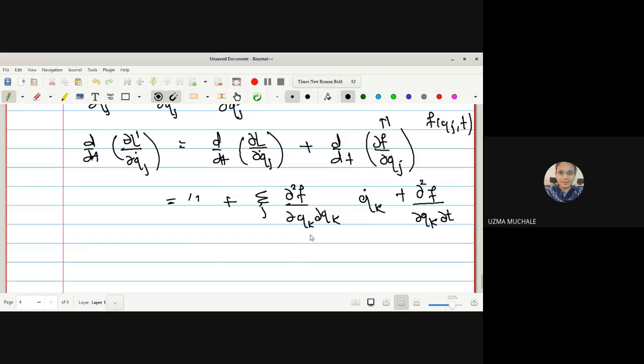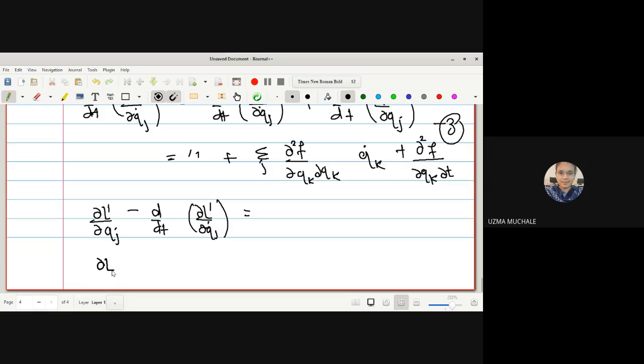You can name this equation number 3, and then subtracting these two equations, we get L dash with respect to qj as the first term, minus d by dt of L dash with respect to qj dot.